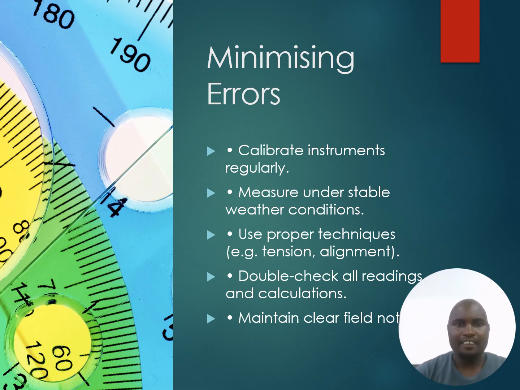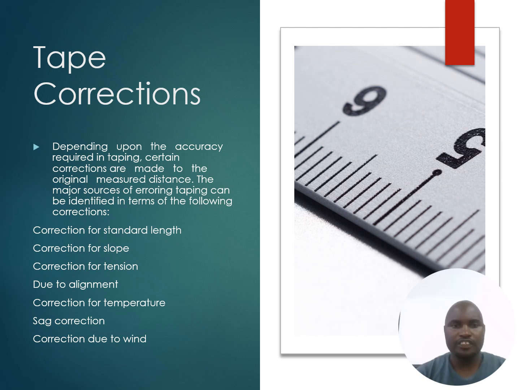Then we have tape corrections. When we talk about tape corrections, we talk about corrections required in taping. Certain corrections are made to the original measured distance.